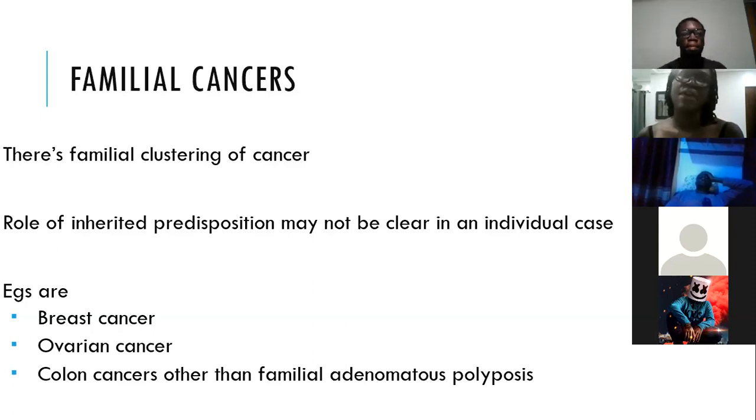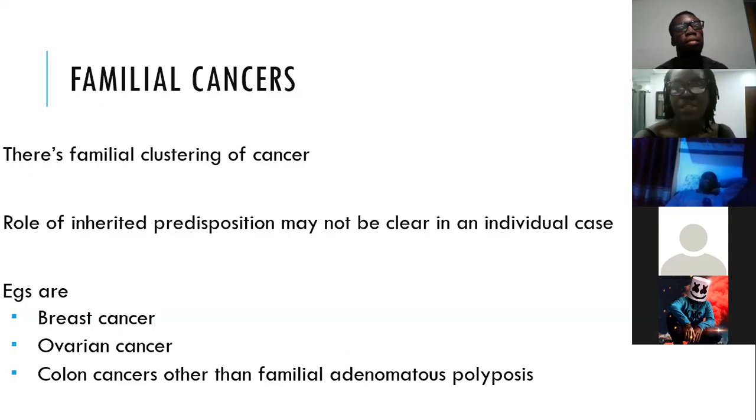Because I know somebody whose mother had breast cancer, but she decided that she didn't want to have her breast taken off. So she started doing the breast self-examination, and then she'll have annual checkups.